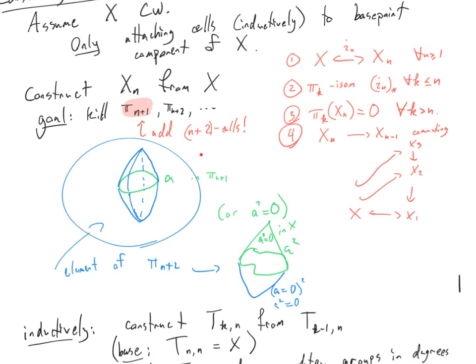If we repeat this adding cells argument to infinity, we get part 3. And it's definitely a pi k isomorphism because we haven't added any cells in degree n plus 1, which is where we could potentially have killed things in degree n, and we haven't added anything in any degrees lower than that.